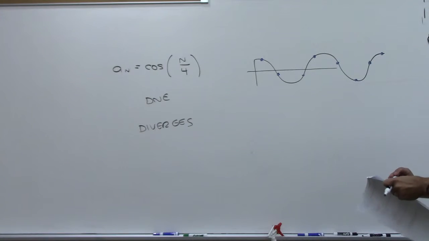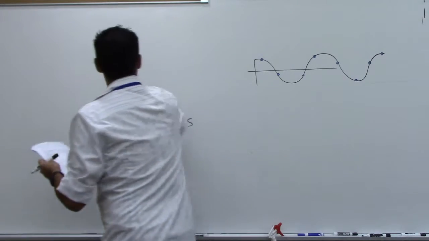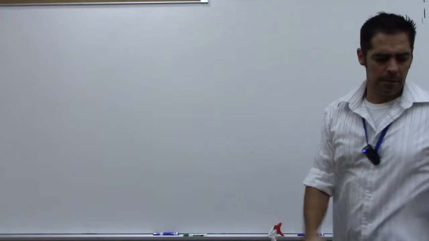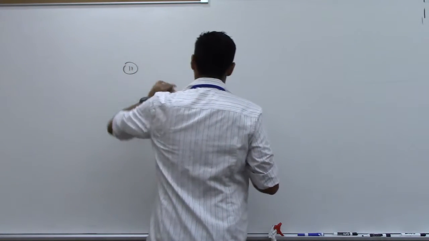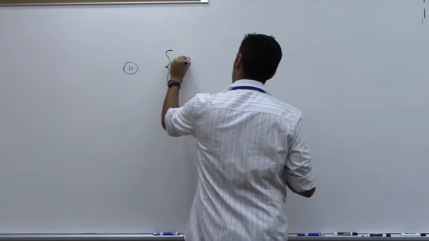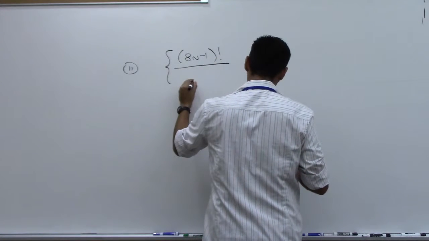All right, I like number 10, or sorry, number 11. So they give you an alternate notation for this. This still means we have a sequence.